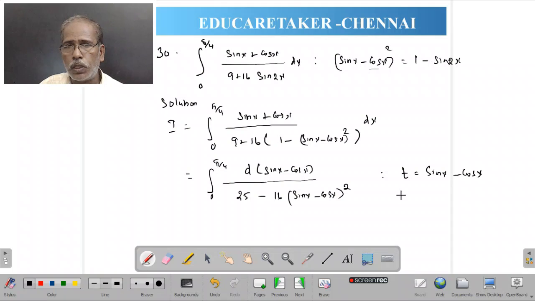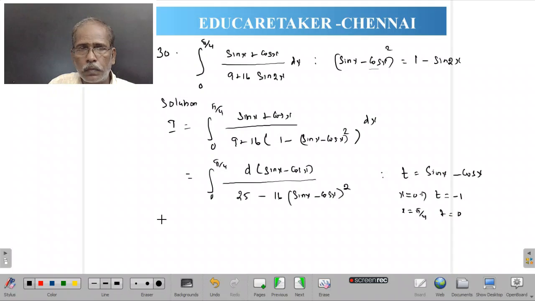When x equal to 0, t equal to sin 0 minus cos 0. Sin 0 is 0, cos 0 is 1, so that is minus 1. When x equal to pi by 4, t equal to 0, since sin pi by 4 is 1 by root of 2 and cos pi by 4 is 1 by root of 2, both are equal, so the difference is 0.